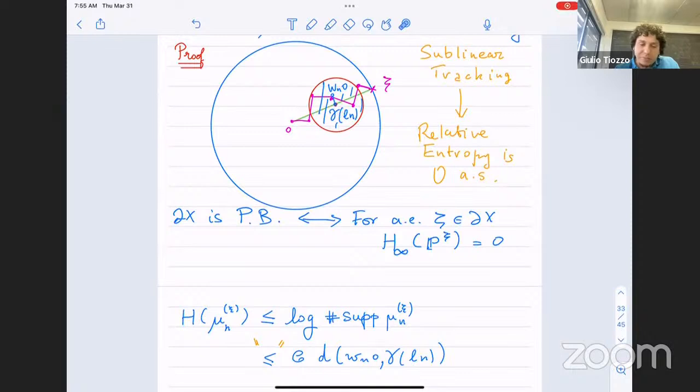So there are many paths that go to psi, but they all stay kind of close to this point of the geodesic. And so that's precisely the trick.